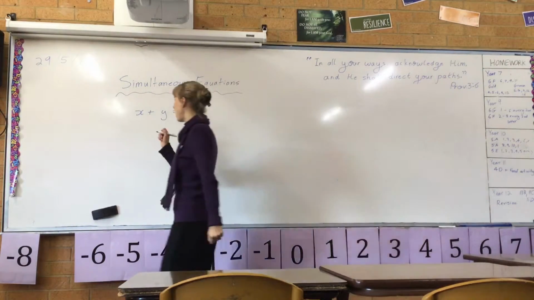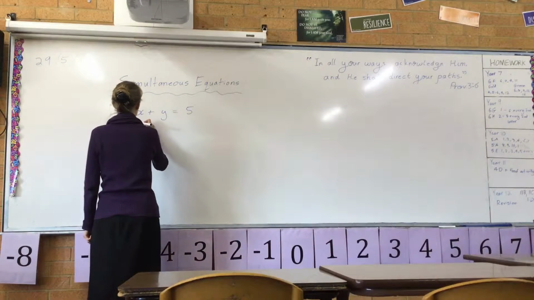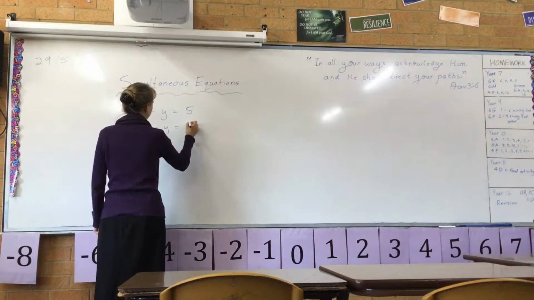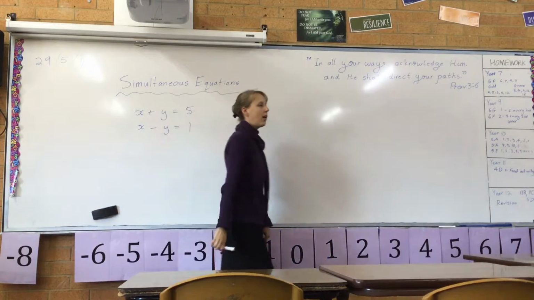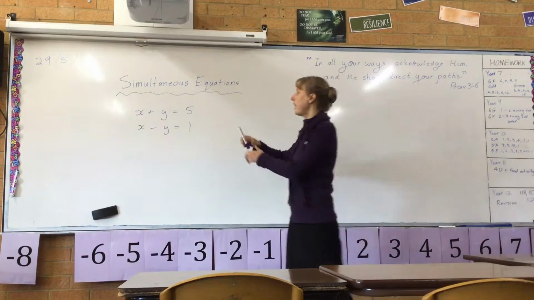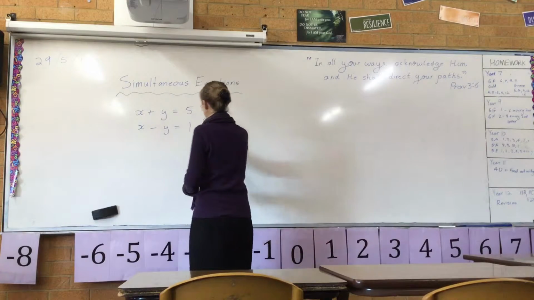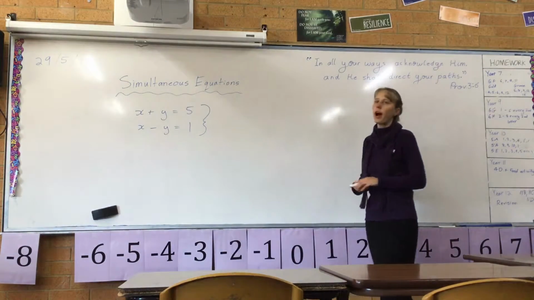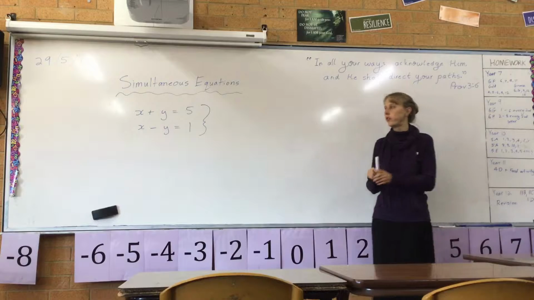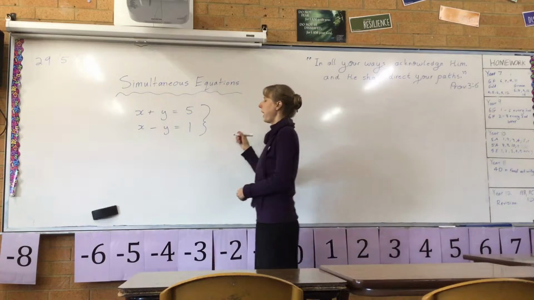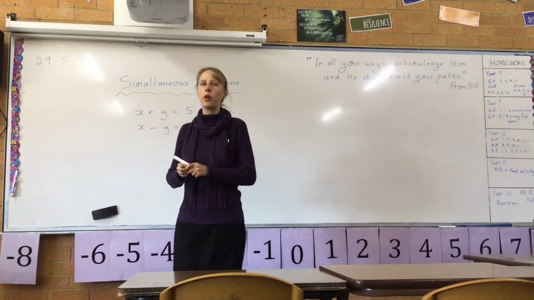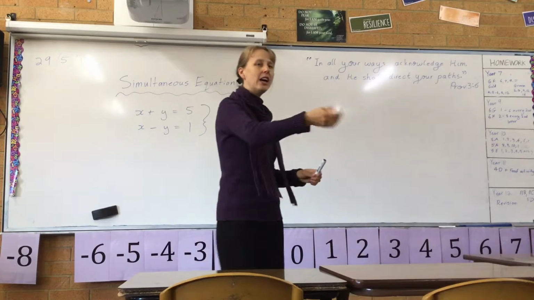What about this time if I now say x minus y equals 1? Now at this point, if I say that both of these are true, what do x and y have to be? We've talked about all different options: 5 and 0, 4 and 1, 100 and negative 95.